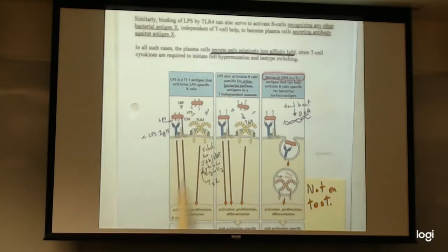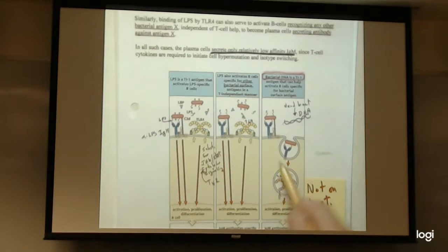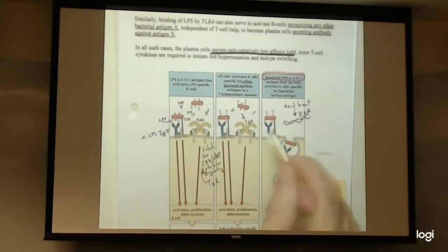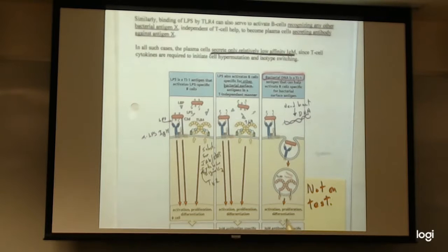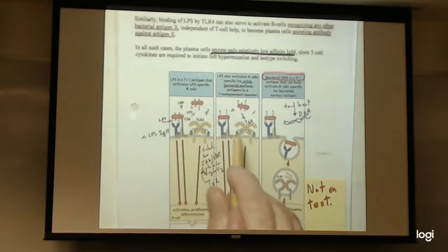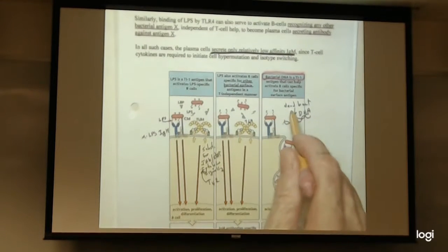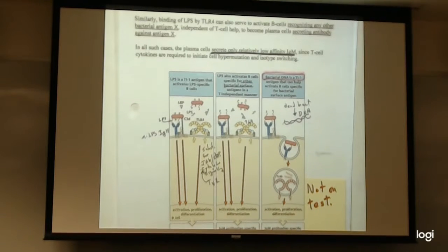But in fact, other B cells recognizing other antigens can also, with their own TLR4s. So lipopolysaccharide will activate many other B cells seeing other antigens.